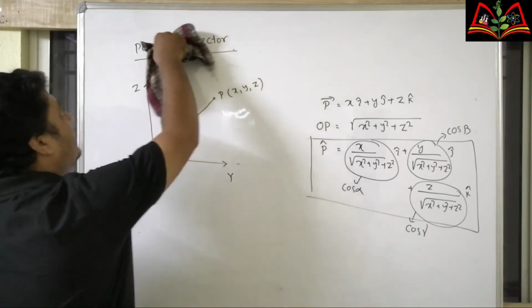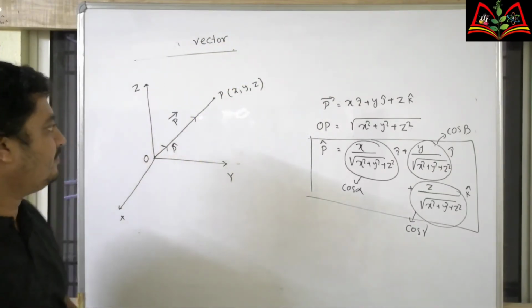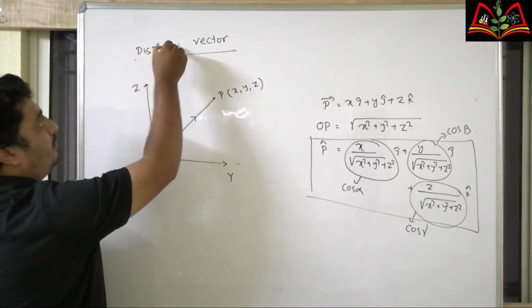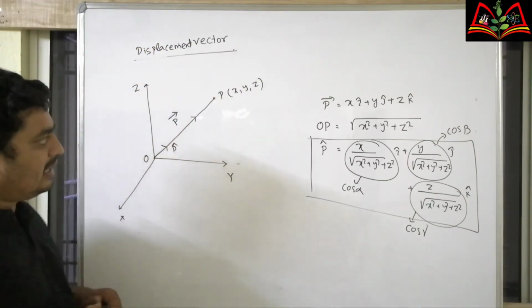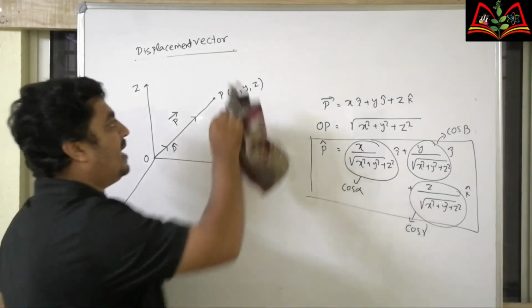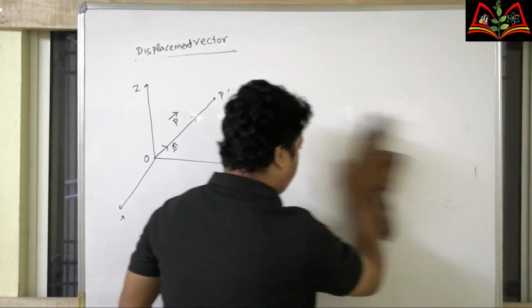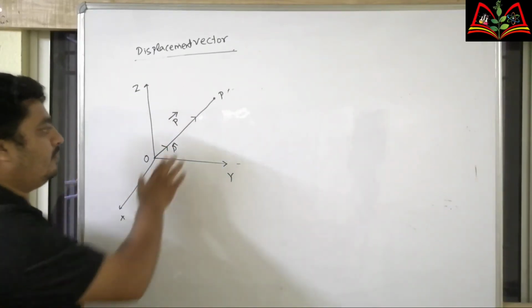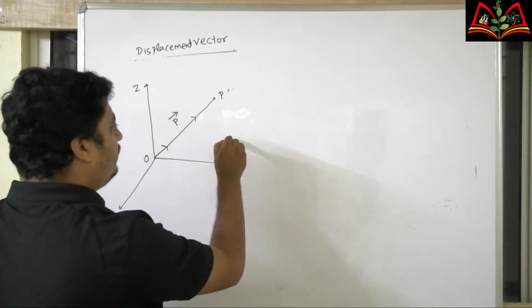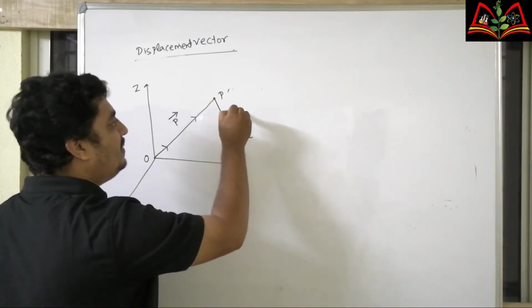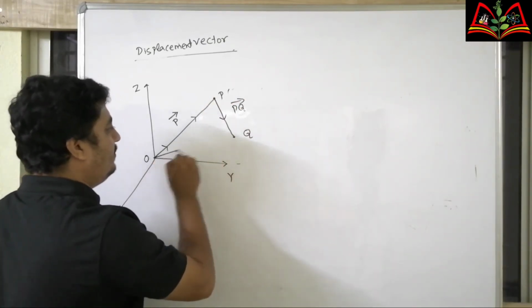Next we will go for displacement vector. Now, consider a particle moves from P to Q. Then this PQ will be the displacement vector.